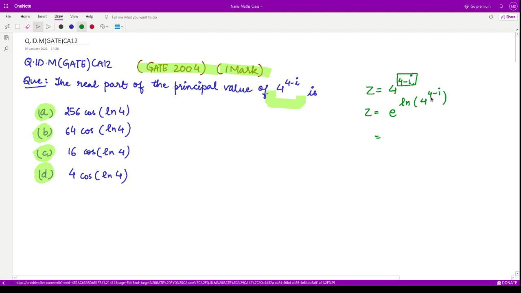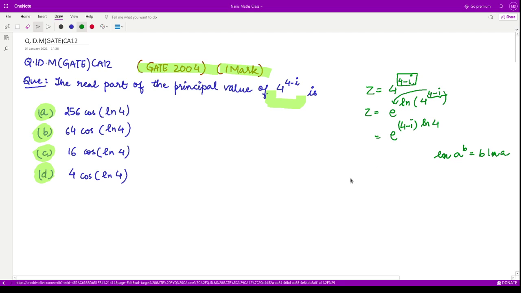Because we are interested in bringing this power in front of the log, because of the property that log of a to the b is equal to b log of a, right? So here we have e raised to power 4 minus iota, this comes to the front over here, and we have log of 4.